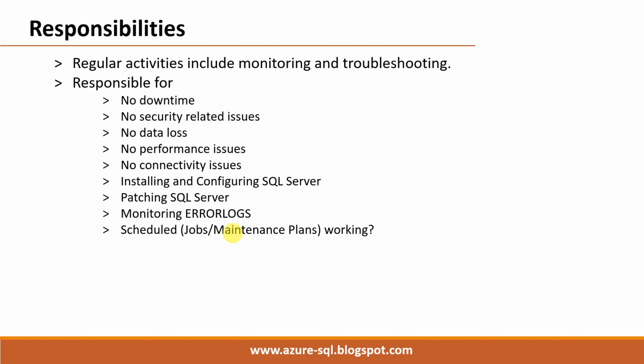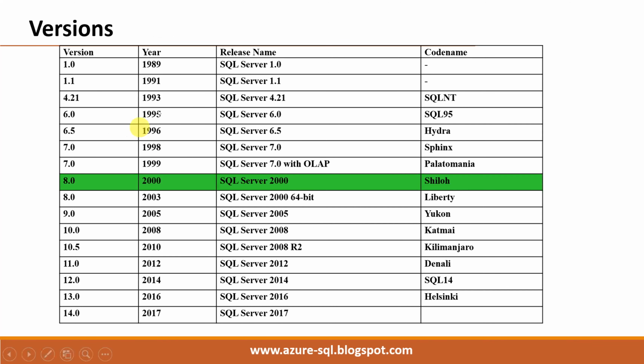These are some common responsibilities. Various versions are there, from 1.0 onwards. So many versions are there, like 8.0, 14.0. 14.0 is the 2017 version. After that, we have 15.0, the 2019 version. But remember, most organizations are still using 14, 16, 19 versions.